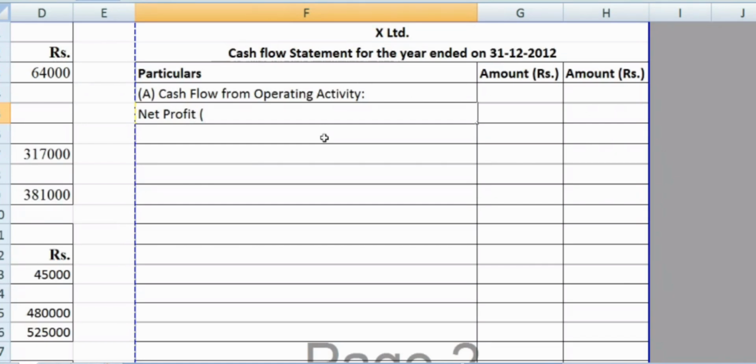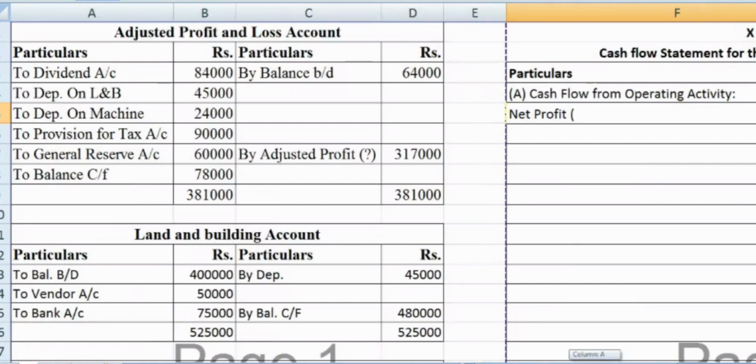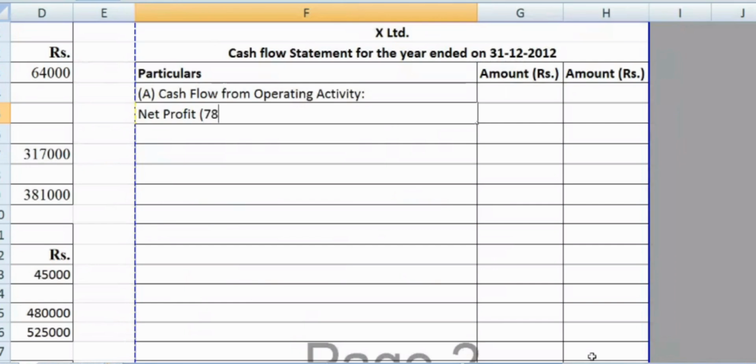Net profit means closing balance minus opening balance of profit and loss account. 78,000 minus 64,000. Now tell me the difference. Difference is 14,000. Check, 14,000.